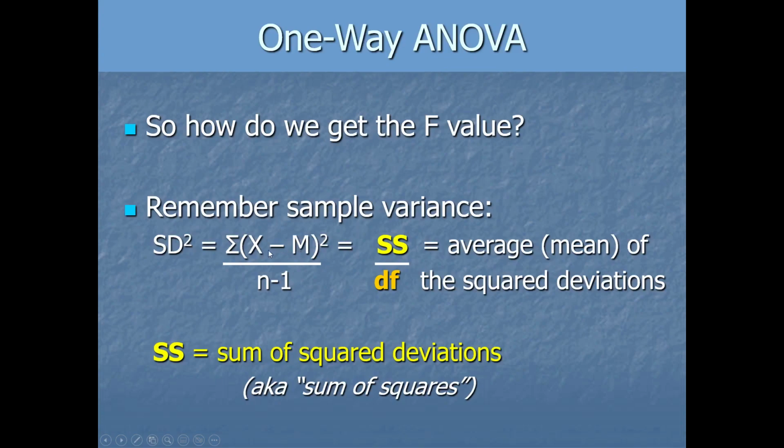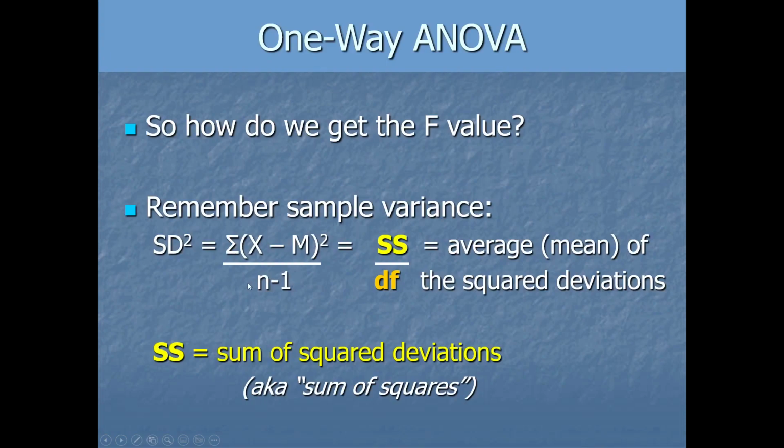It's how far a given score is from the sample mean, which you can think of as its deviation from the mean. Then we square each of those deviations, so that's the square in the parentheses bit here, and then we take the average of all that, by adding it up. This is the summation sign. So adding it up and dividing by the number, or at least the number minus 1 in this case.